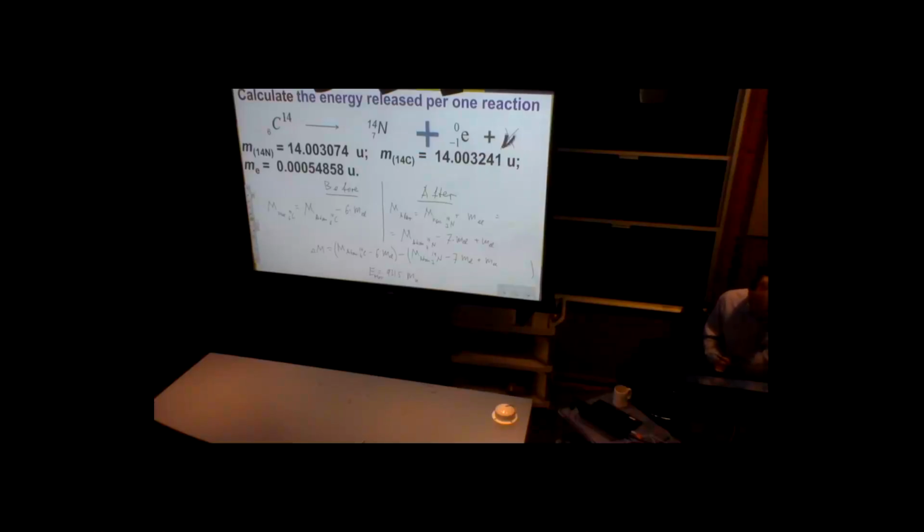Now we need to simplify this by opening all the parentheses. Do I have an extra slide? No. So I'm going to add an extra slide. So that's what we are calculating.